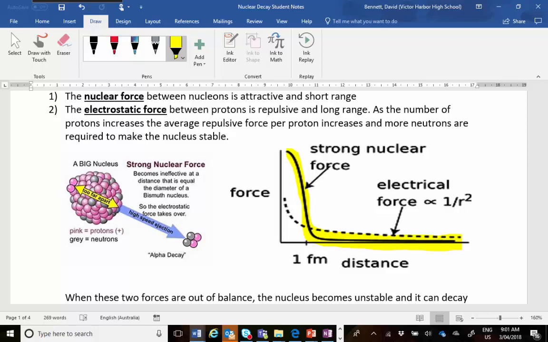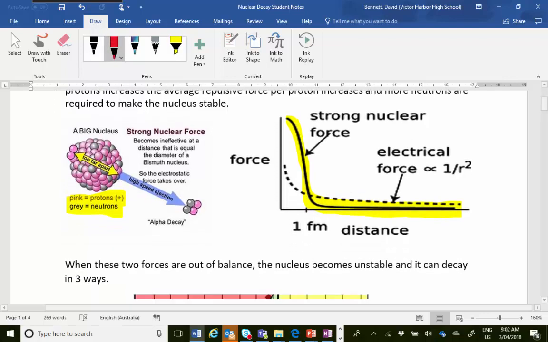Now, when the atoms become really big, the electrostatic forces start to overcome the nuclear force, and then we get our decay occurring. The atom becomes elongated and then splits into smaller nuclei. That's the key thing there.